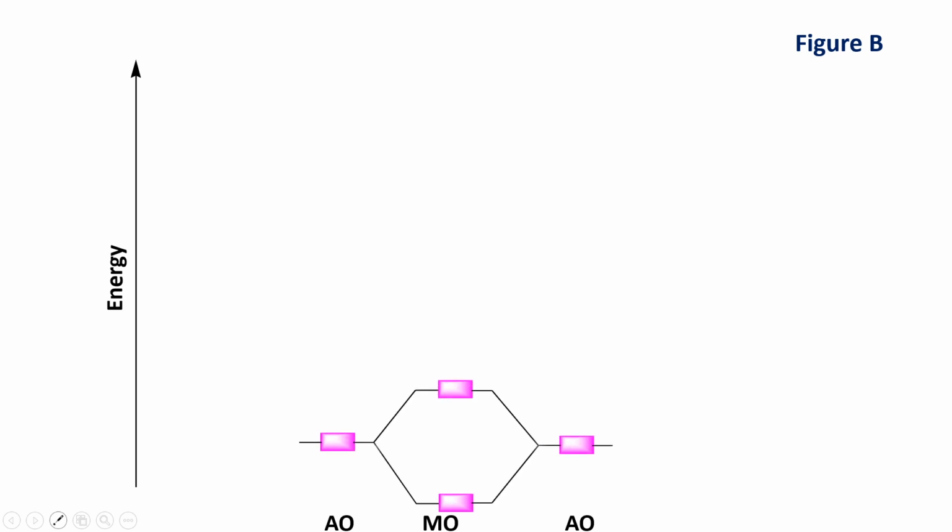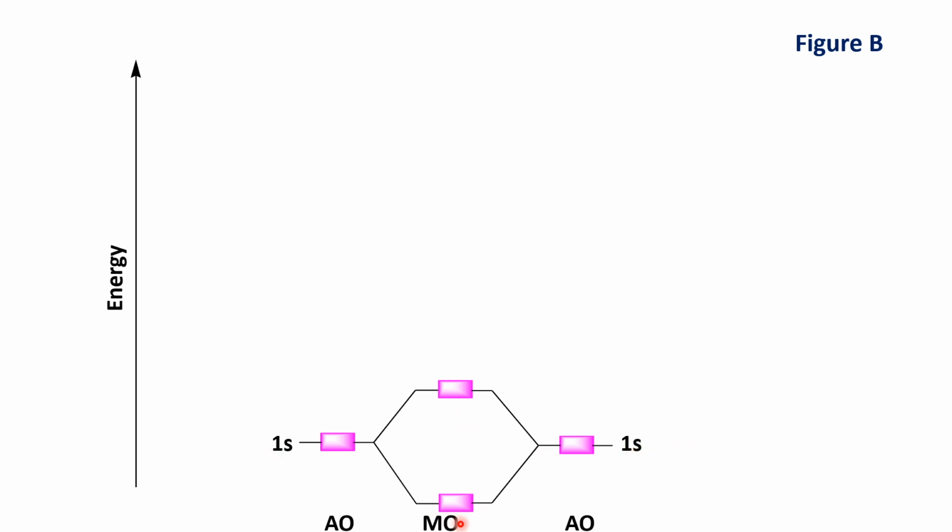In this figure B, again we are having the energy axis, increasing energy. On one side we are having the first atomic orbital, on the other side the second atomic orbital, and the center is the molecular orbital. Then on the lower side we are having the MO energy level diagram for the 1s atomic orbital, 1s atomic orbital at one side and 1s atomic orbital on the other side.